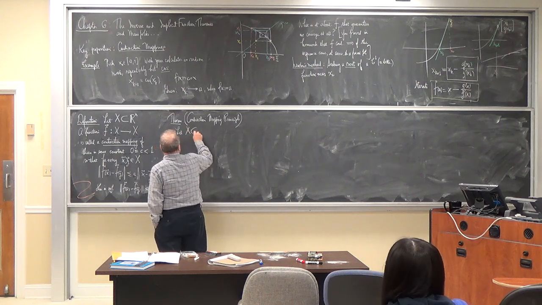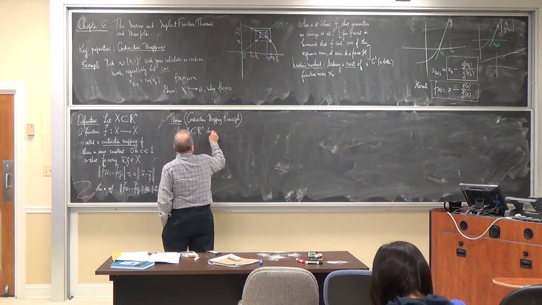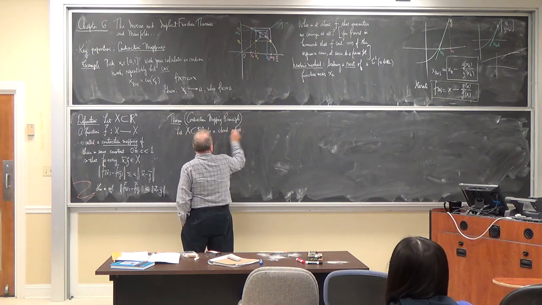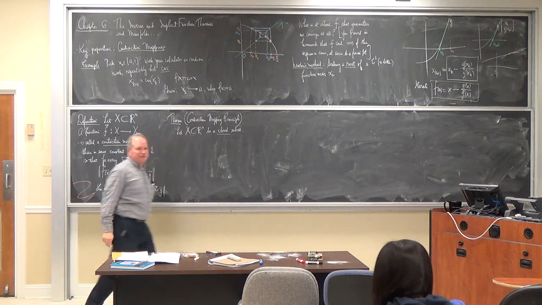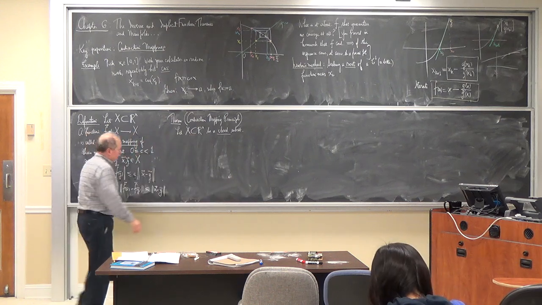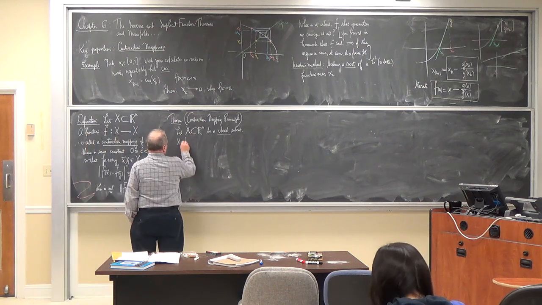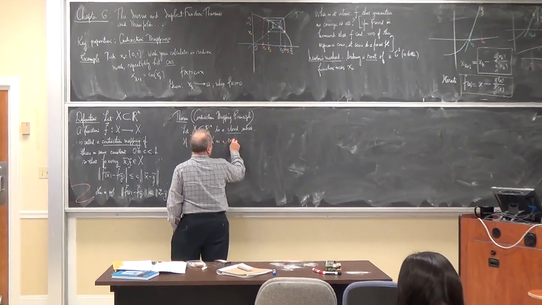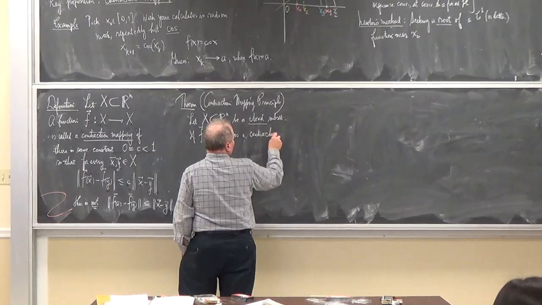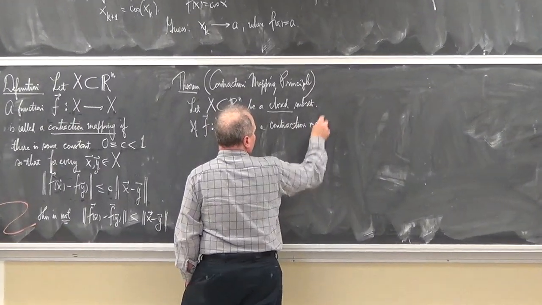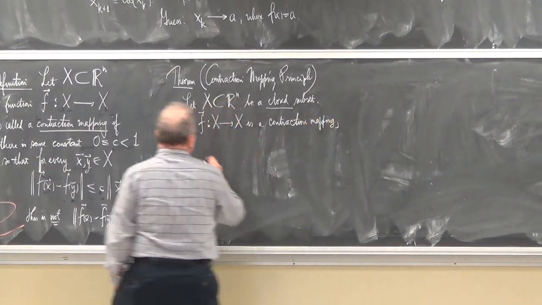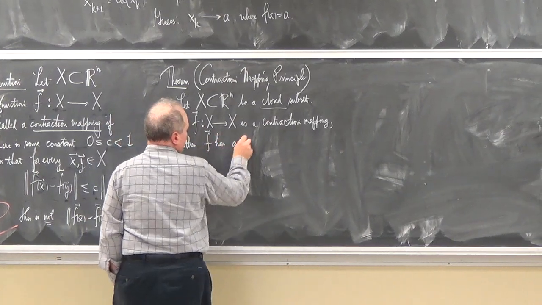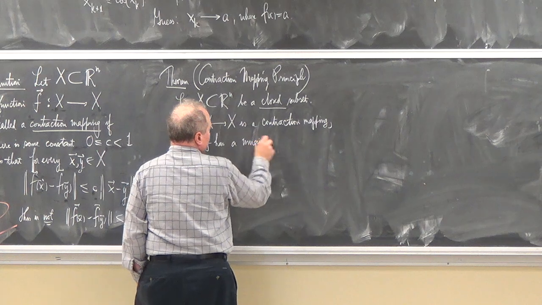Let X in R^n be a closed subset. If f mapping X to X is a contraction mapping, then f has a unique fixed point.